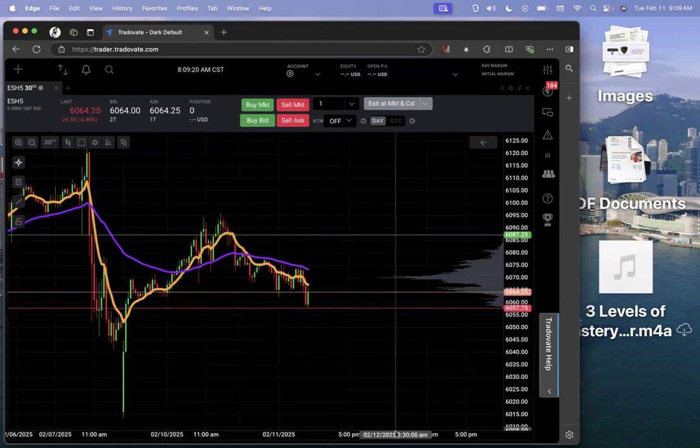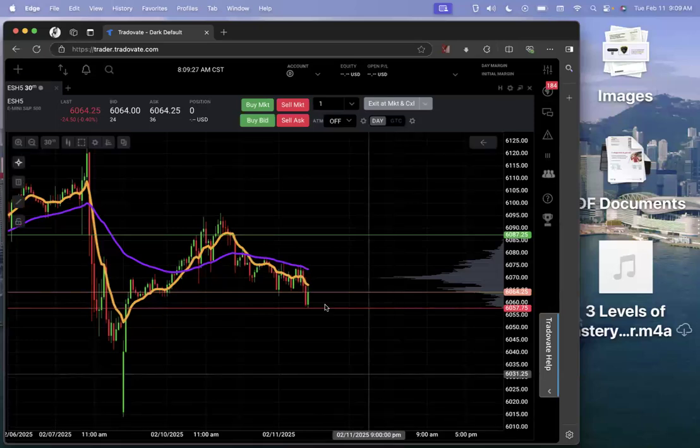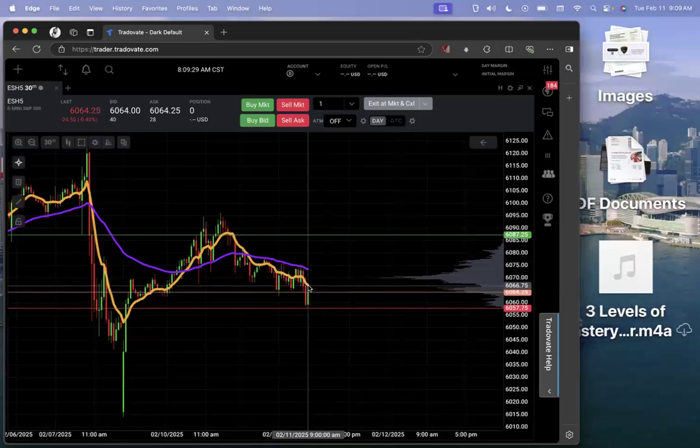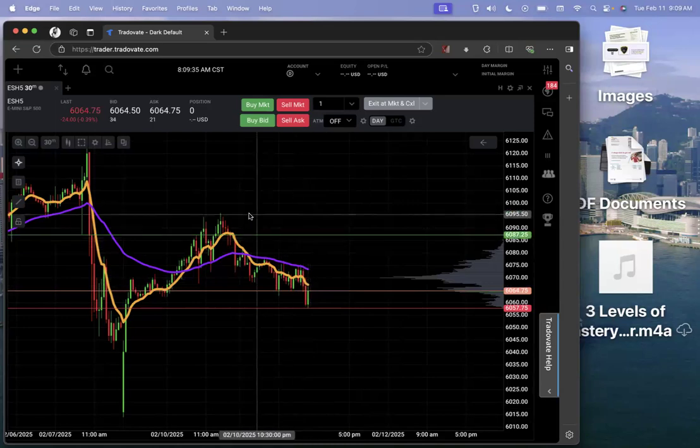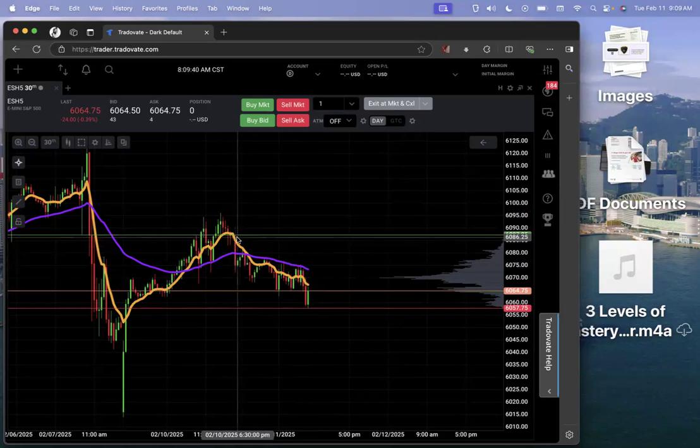Our 9 EMA shows us 60.66, which is where it's currently sitting. We have what looks like a double top that formed here at 60.90, 60.95. So this would be our clear area of resistance. Here we have our area of support.